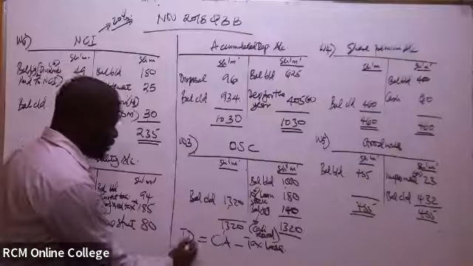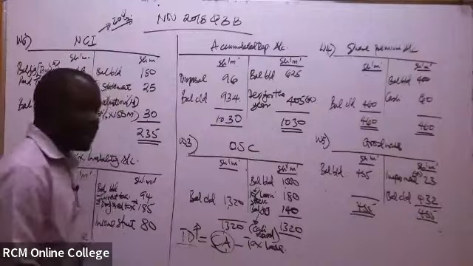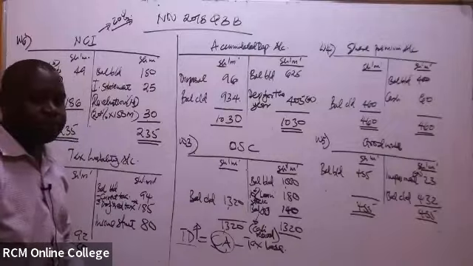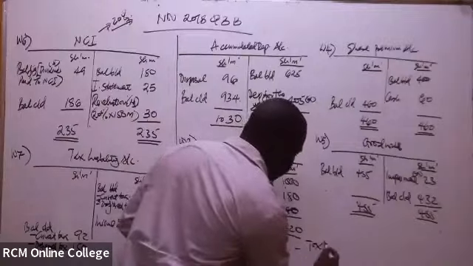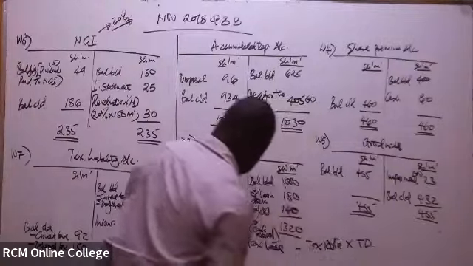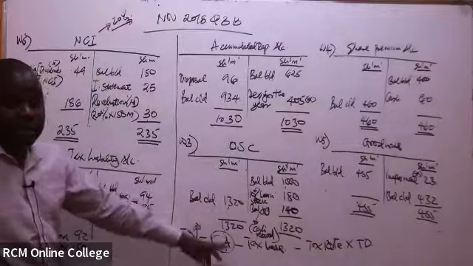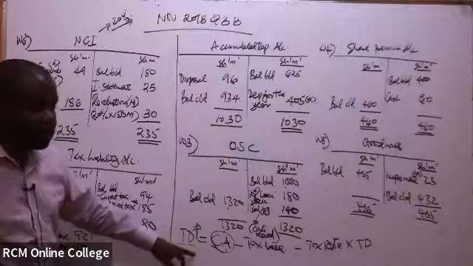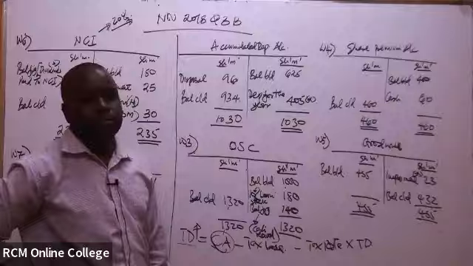The temporary differences will end up going up. And how do we normally compute deferred tax? You take the tax rate, then you multiply by the TD. So if the carrying amounts of some of the assets were revalued up, the TD is going up, and overall, the deferred tax is going up.